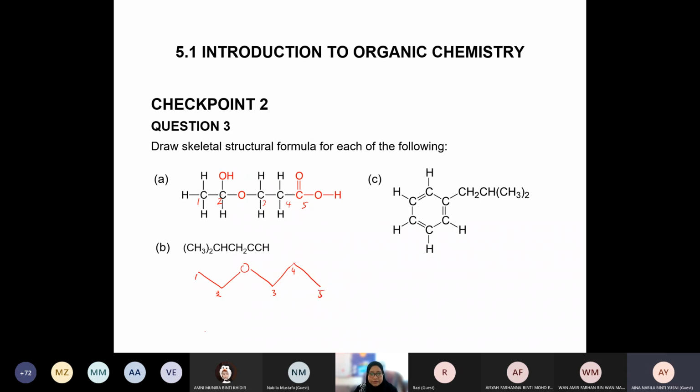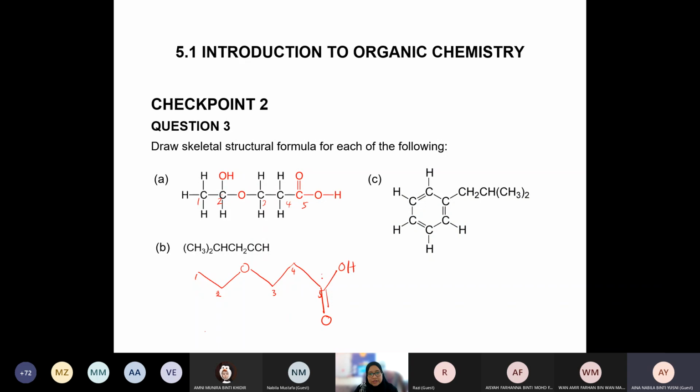You can either do this, or alternatively, because this is the carboxyl group, the carbonyl and then the OH.